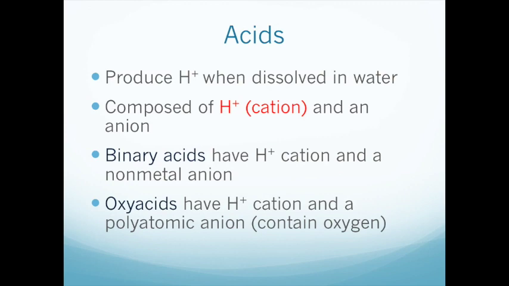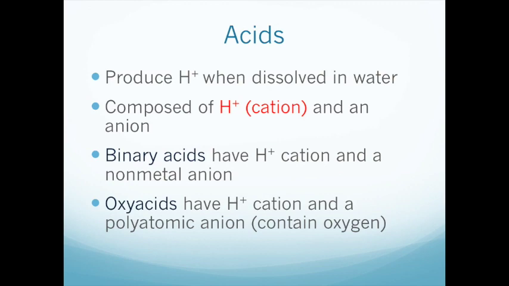Another type of molecule is acids. These produce H+ when dissolved in water. H+ is a proton, a positively charged hydrogen atom. And these acids are generally composed of an H+ cation and an anion, such as a halogen anion or an oxyacid or an oxypolyatomic ion.